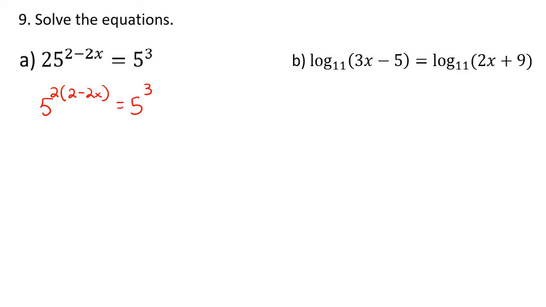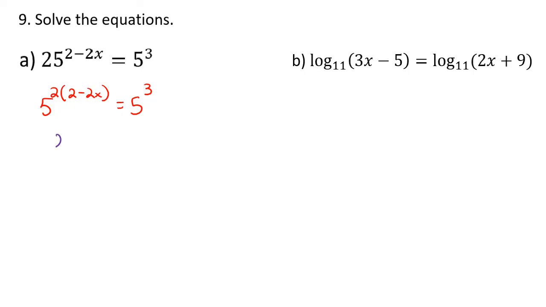And then we can use something that we talked about in class called the one-to-one property, or sometimes the textbook calls it the equality property of exponents, I believe it is. Well, all that simply means is if the bases are the same, like 5 and 5, we can ignore them, which is the reason why we turn 25 into a 5 squared.